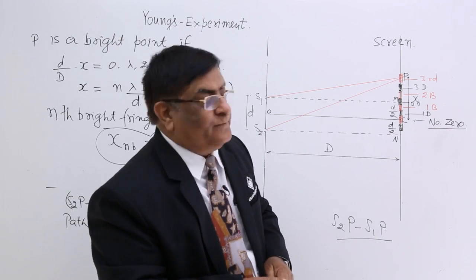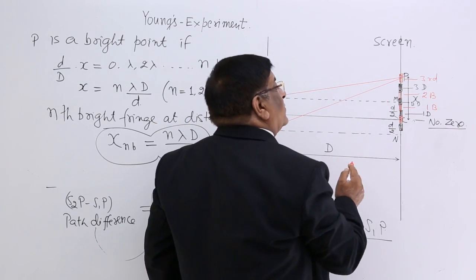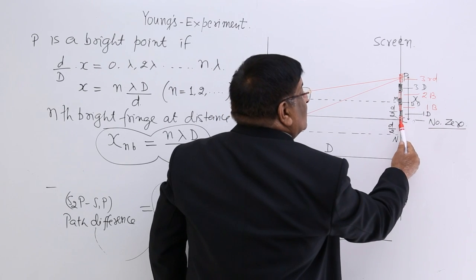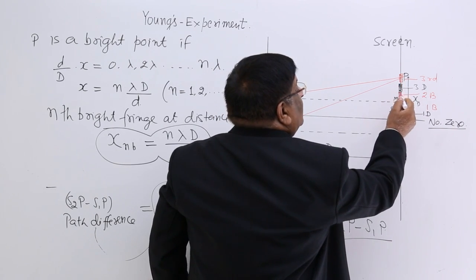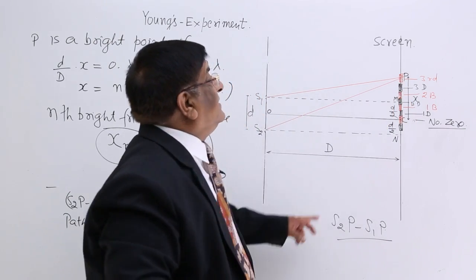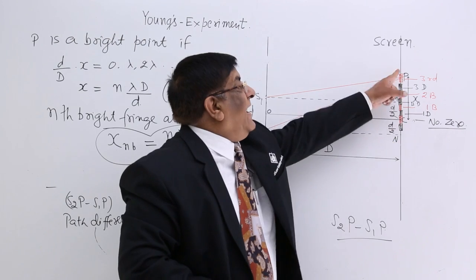So there will be a series here, there will be a series here. So what is the distance of this? If I ask you that, leaving number 0, this is, say, the 7th bright fringe, what is the value of x?